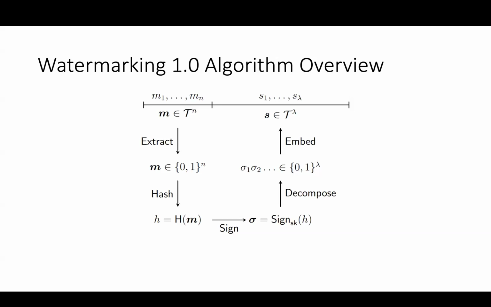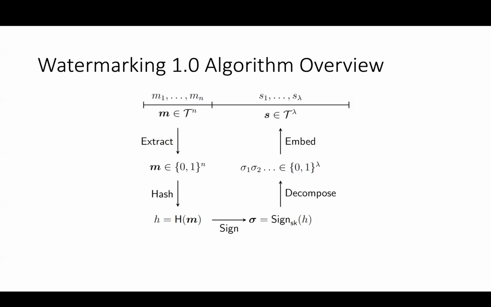The first few tokens are generated without any embedding in them, so they're actually the source of the message for the signature scheme. We sign that using our secret key and embed the signature itself in the rest of the words.